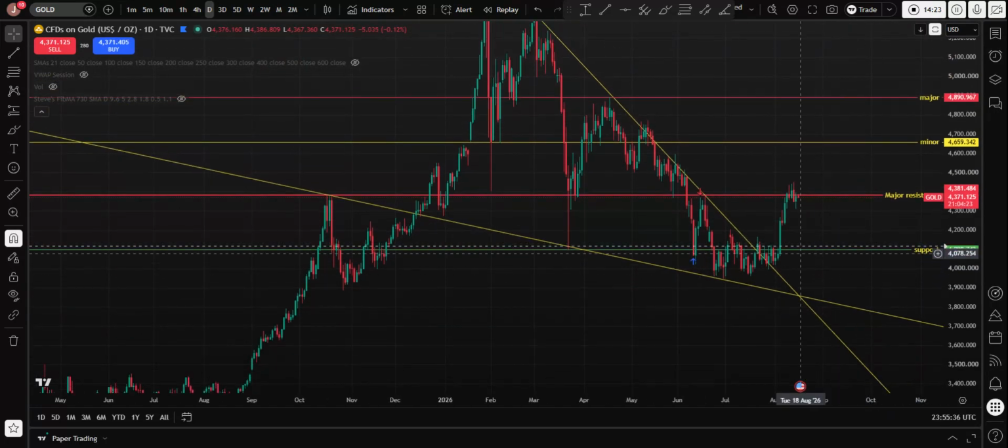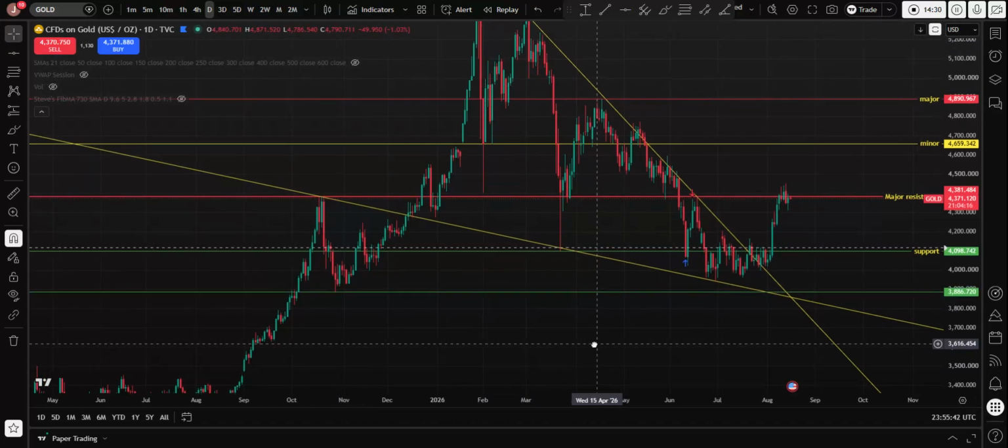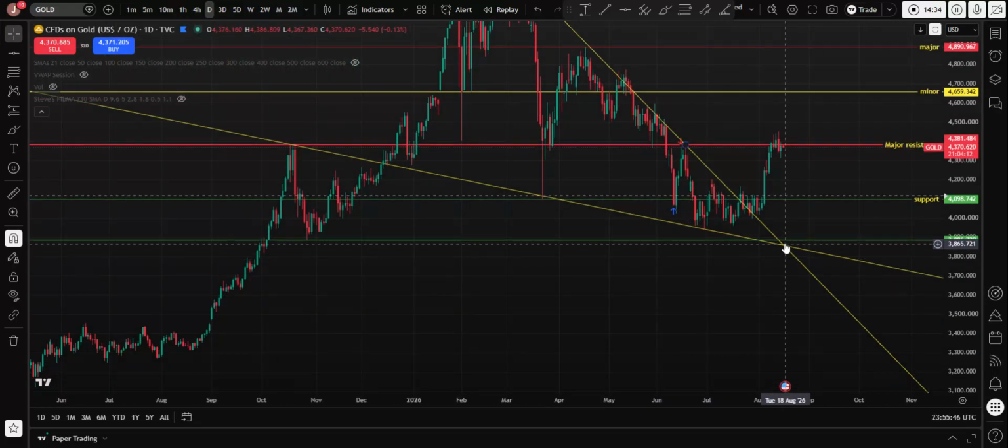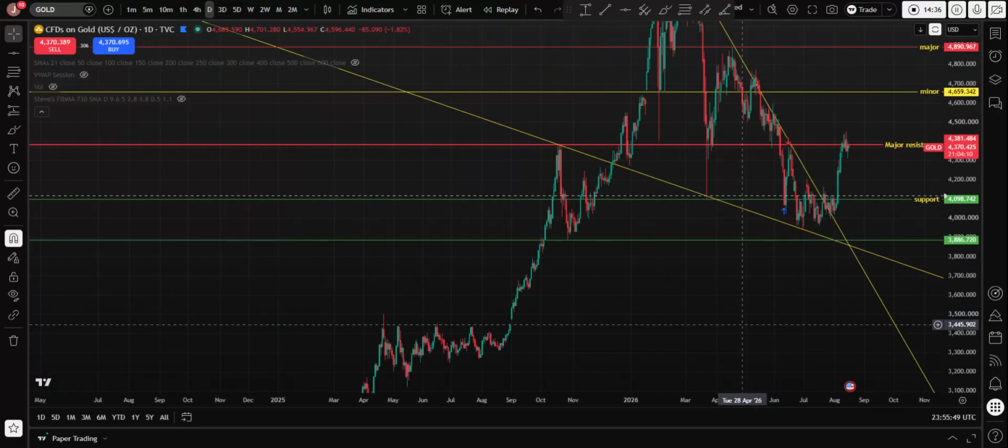And if it does decide to go even lower, then I would look at this technical area where I would say it's a double bottom, right? 3,866.72. If you break this, then you've got to think we're going to go to about 3,445, because there's no support here, right?